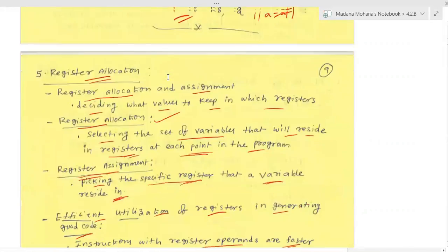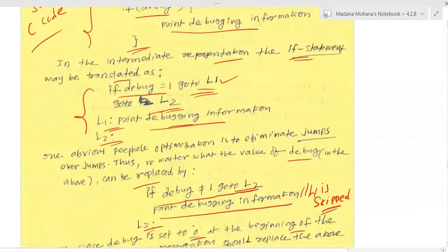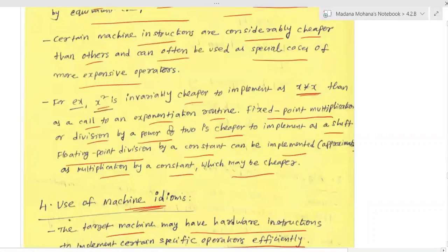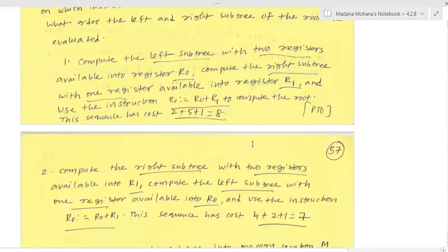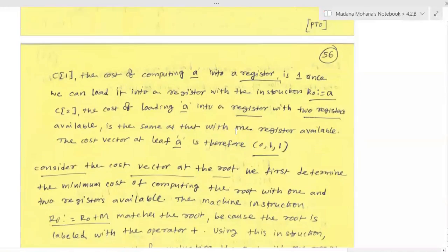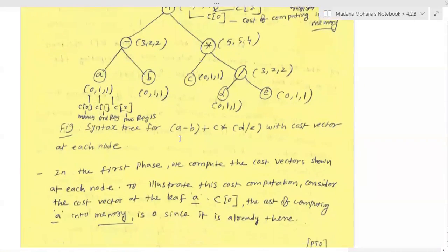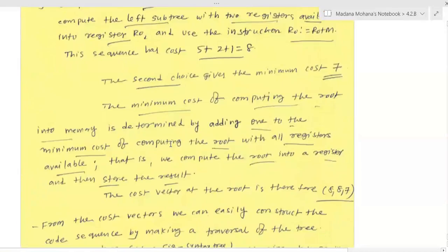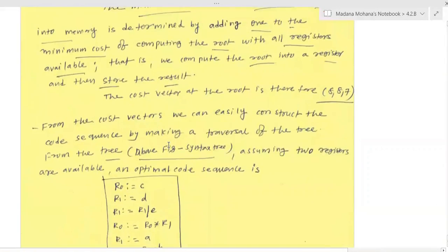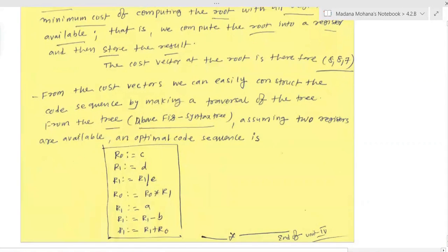So whatever I demonstrated, the same thing is given here. Yes, this is the tree with the cost vector. Now finally, let us see the sequence that I showed here.